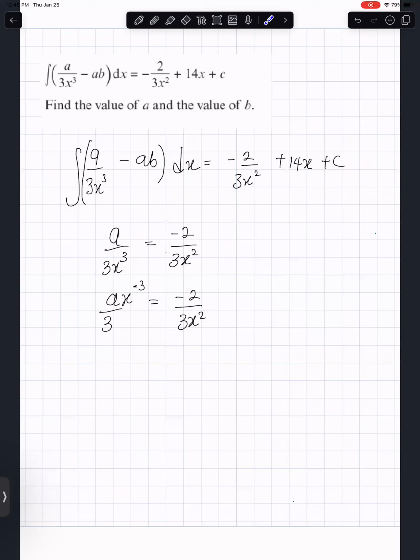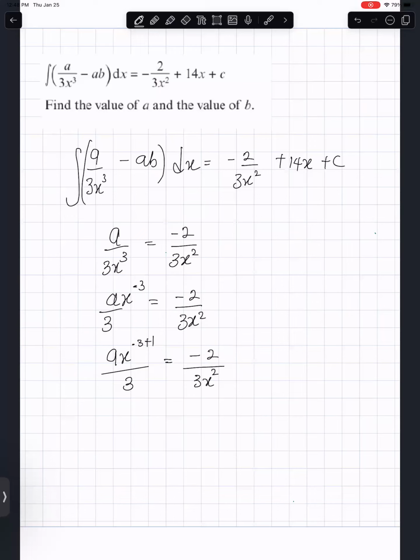I'm going to leave it like that. The only one I have to integrate is this first expression in order to find my a. So I'll have ax, like we did yesterday, minus 3 plus 1 over 3 equals minus 2 over 3x squared.